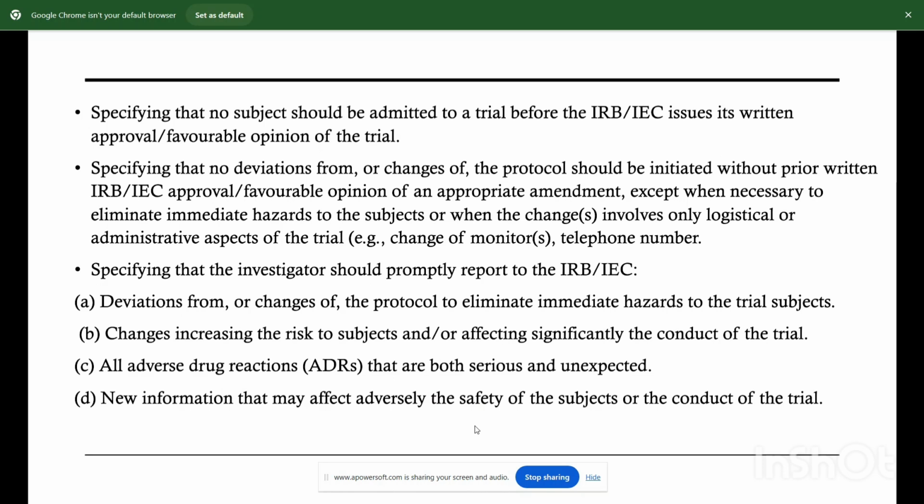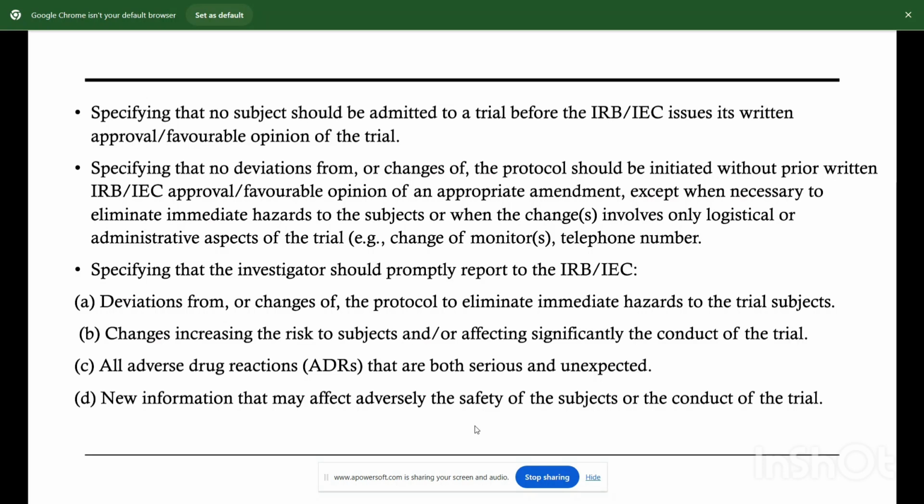And the EC always needs to ensure that without any EC approval, there is no subject enrolled or recruited into the study.